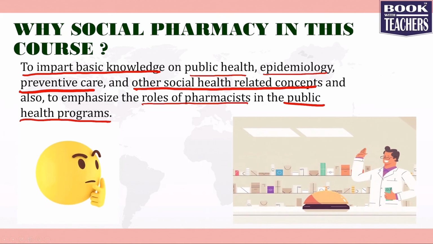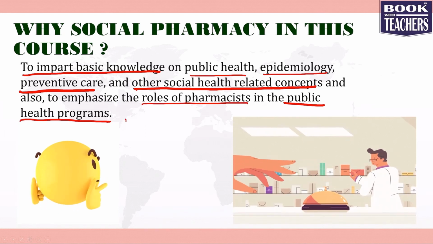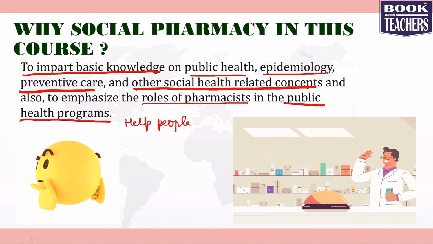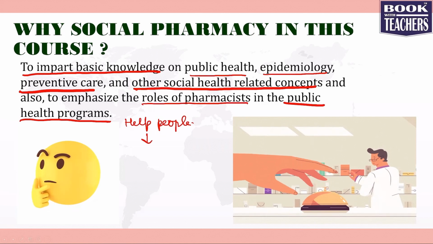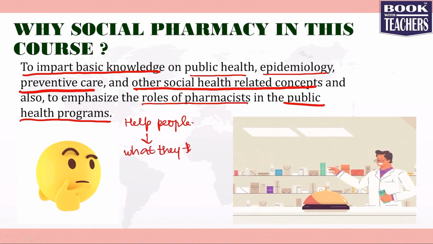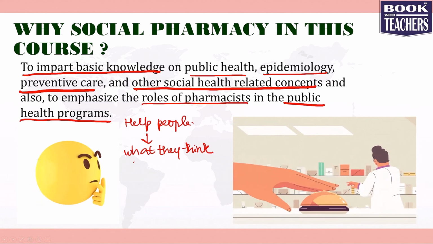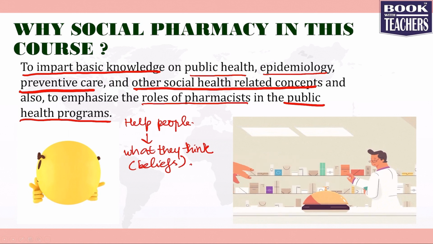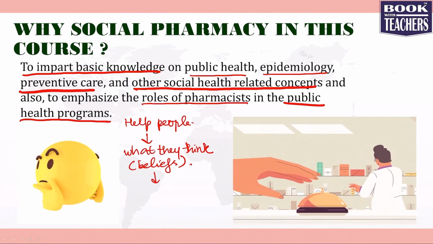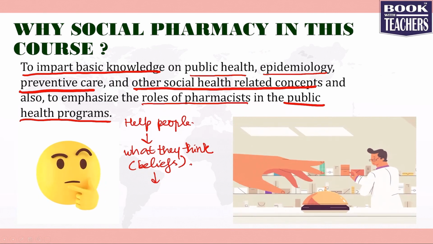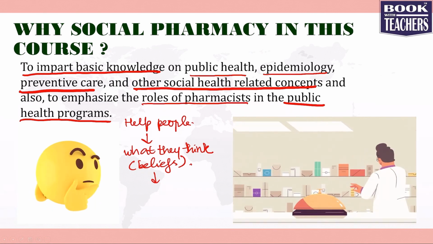Our main and primary role is to help people, correct? Now to help people, we need to understand what they think. What are their beliefs? Then only we can treat them in such a way that they can be cured as well as their beliefs are kept intact. This is why we need to learn regarding social pharmacy.